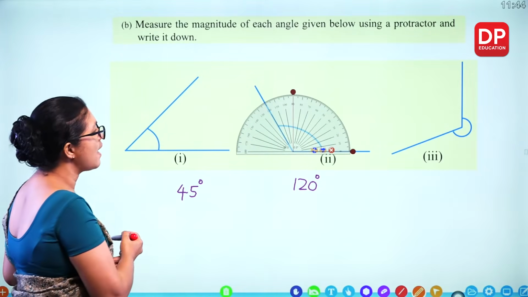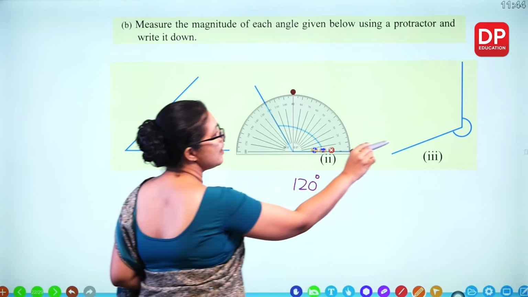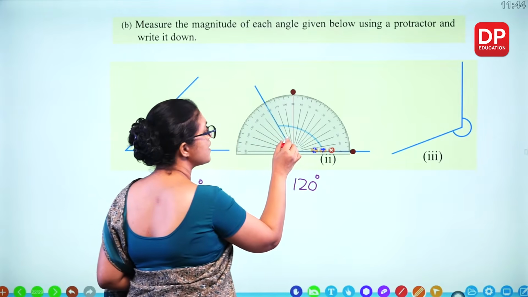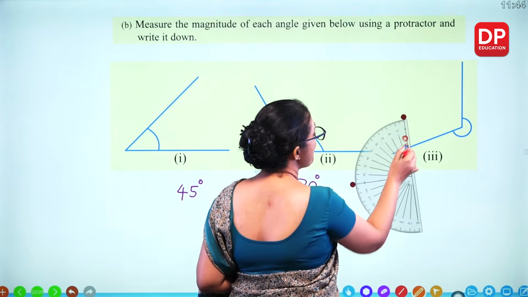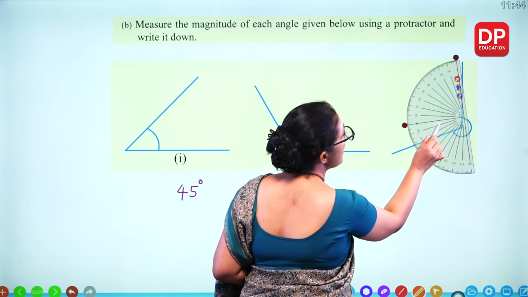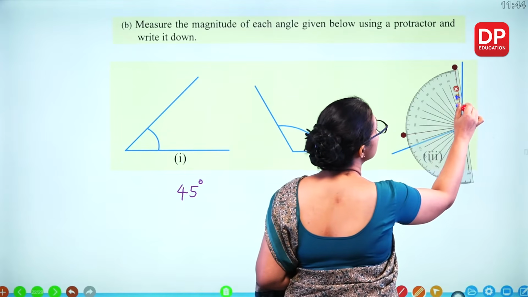It's an obtuse angle. And how do we measure this one? Reflex angle. You measure the obtuse angle and subtract from 360.